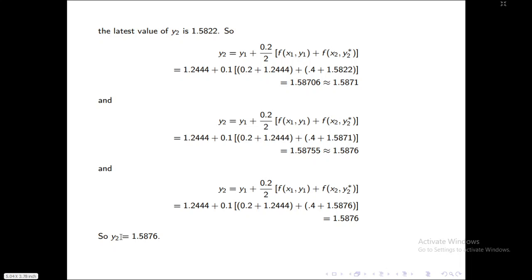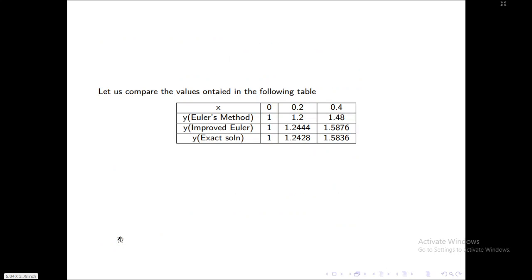X is equal to 0, x is equal to 0.2, and x is equal to 0.4, and those values are tabulated here together with the values obtained in Euler's method and the exact solution.